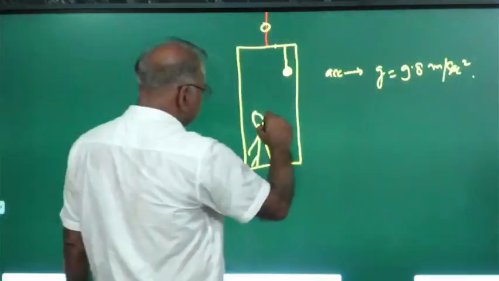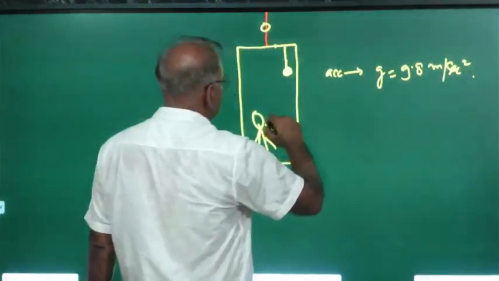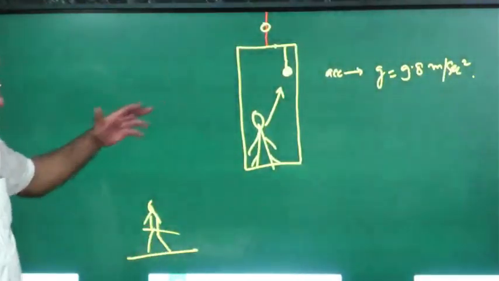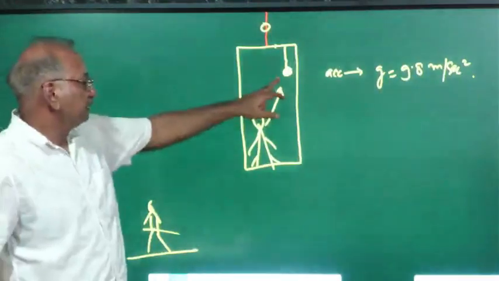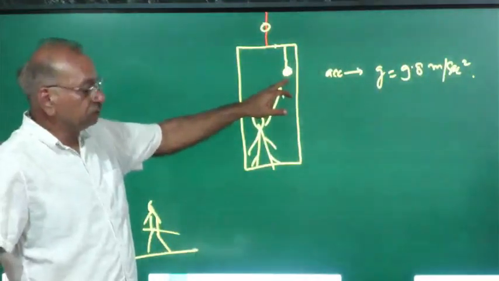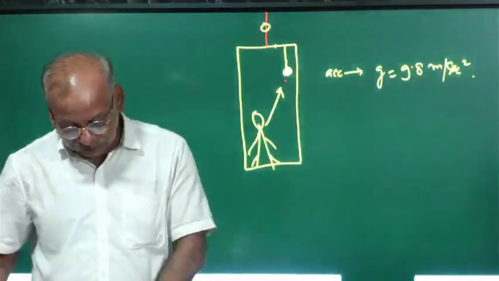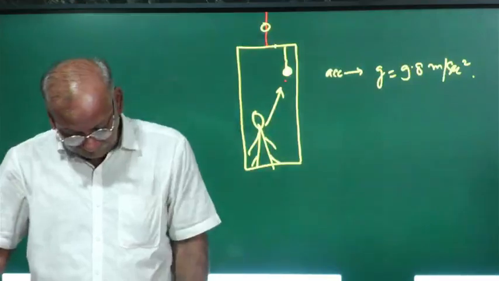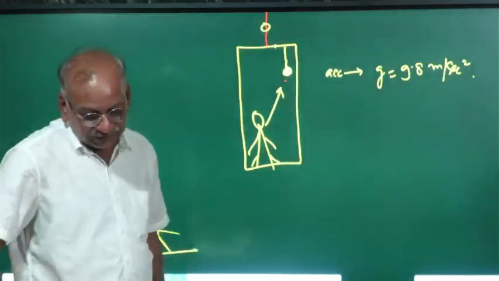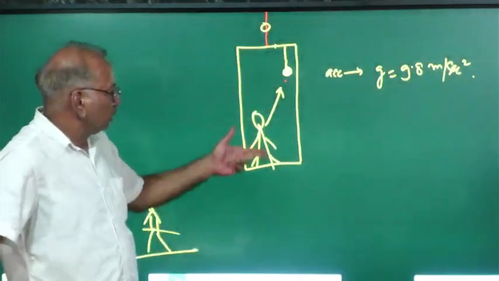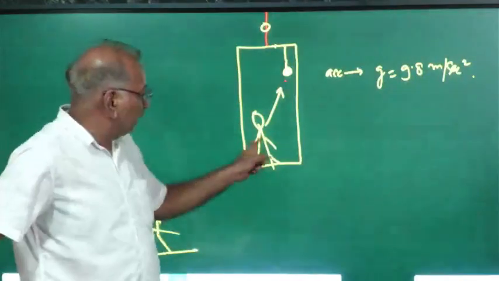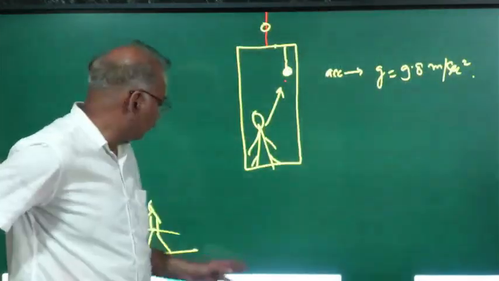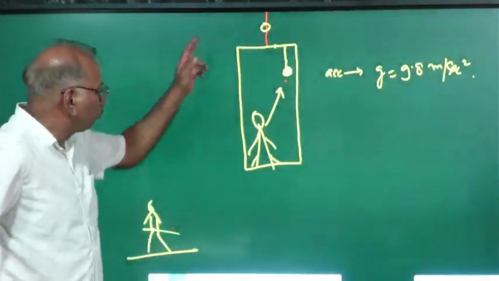But the person who is in this cabin will watch this body or this object and feel that it is at rest with his position. It is not moving. But for this observer, both are moving down.